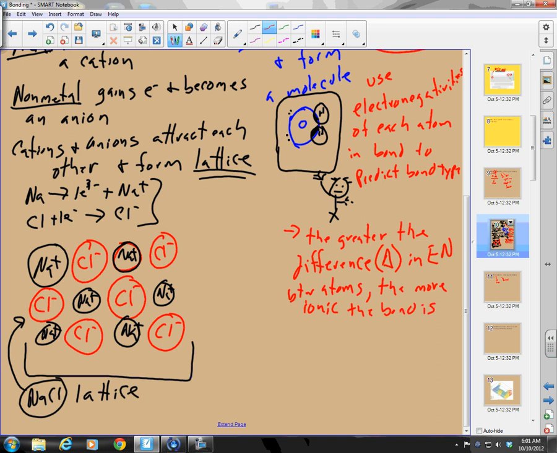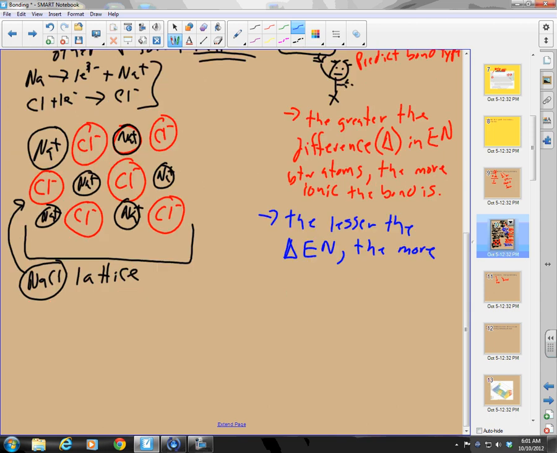Now we can state that a different way, can't we? Sure we can. We can say the lesser the difference in my electronegativity, the more covalent the bond is.